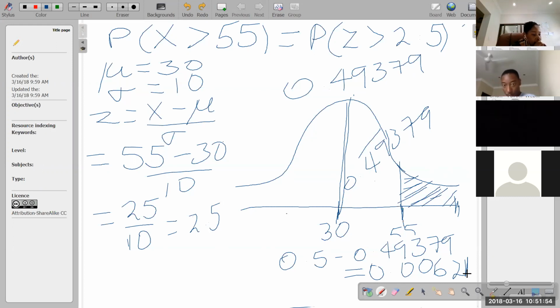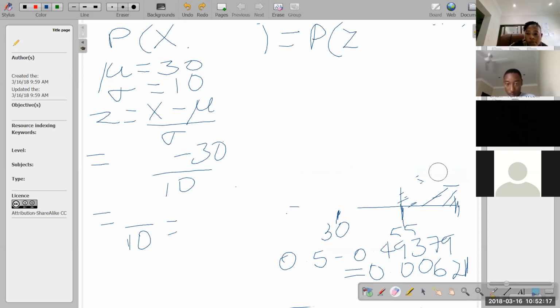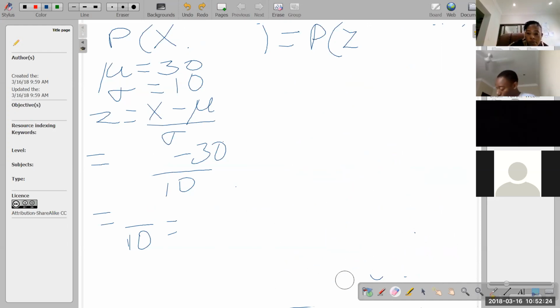Now we're looking at the probability that the return will be less than 22. Put a 22 here, you get minus 8 over 10, minus 0.8.